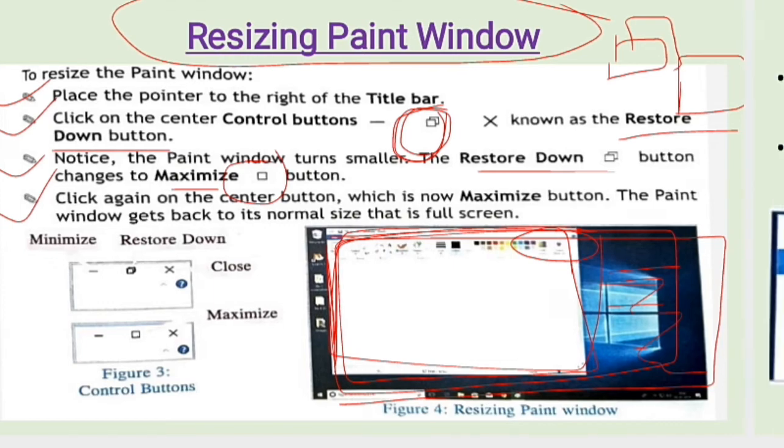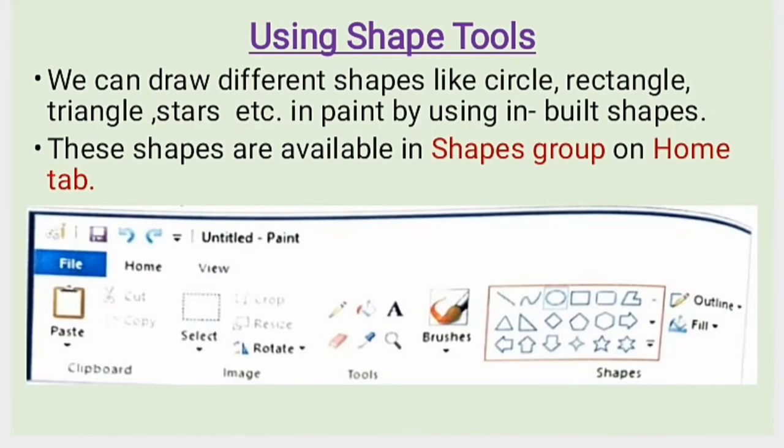Okay. The next topic is using shape tools. We have already learned that there are different types of tabs and groups in the Paint window. In the File tab, there are different shape tools.